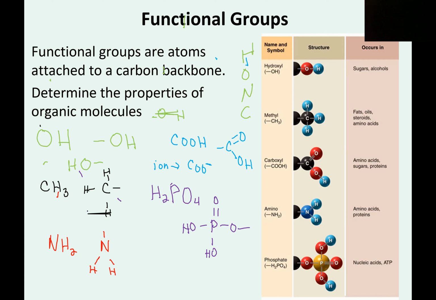Now, phosphate can also be seen as an ion, and it can be seen with less hydrogen. So HPO4 is also phosphate. PO4 is phosphate.